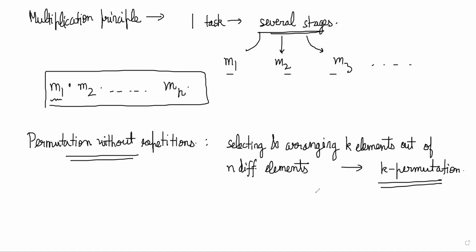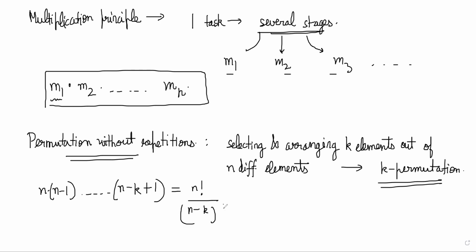And the number of ways to do it is n into n minus 1 and so on till n minus k plus 1, which can be written as n factorial by n minus k factorial, and which is basically called nPk. This is the number of ways of selecting and arranging k elements out of n different elements without repetition. Once you select a particular element, you cannot repeat that element, right?